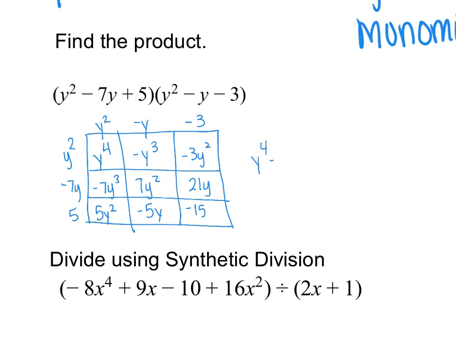So y to the 4th minus 8y cubed. 12 minus 3 is plus 9y squared. 25 minus, so that would be plus 16y minus 15.